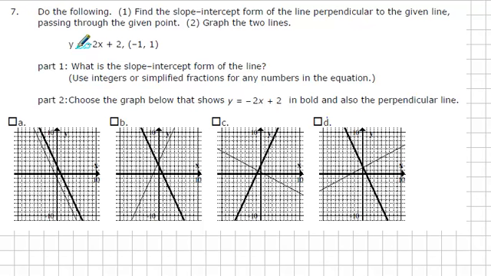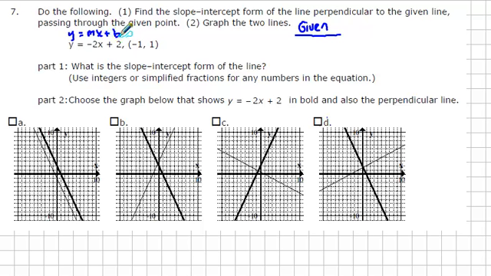So notice that our given line is y equals minus 2x plus 2. So let's write down what we know about the given line. Notice that the equation has the form y is equal to mx plus b.